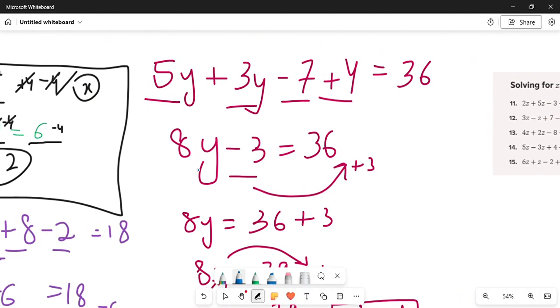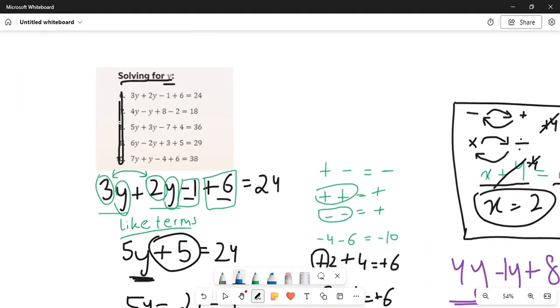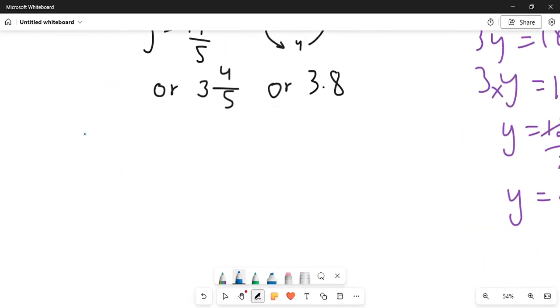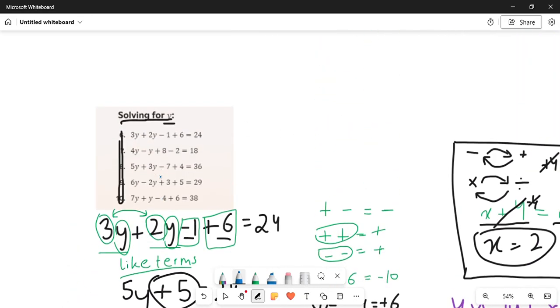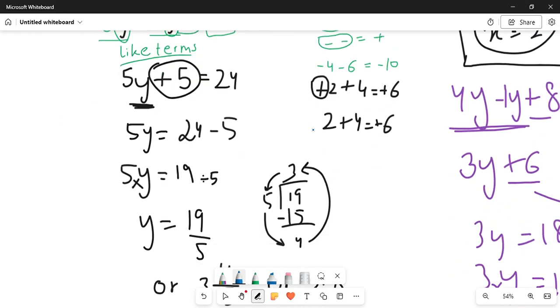Okay, so here we have 6y minus 2y plus 3 plus 5 equals 29.